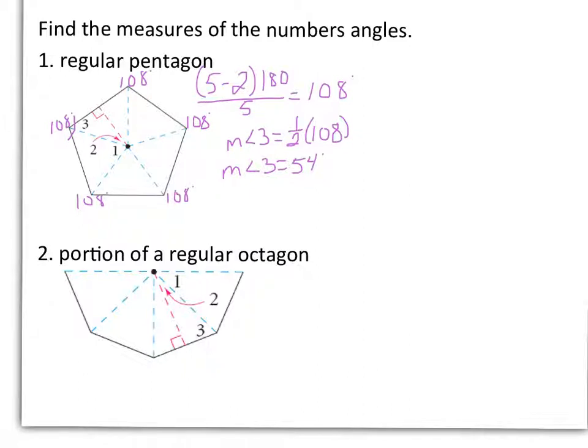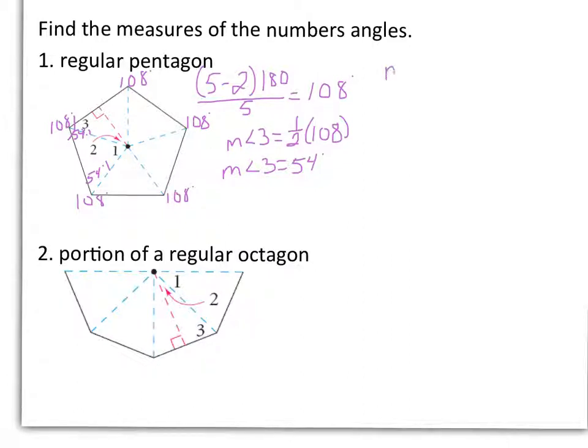Okay, so if angle 3 is 54 degrees, then we know each of the angles in our triangle are 54 degrees. We have isosceles triangles. That's how we know that they're both 54 degrees.